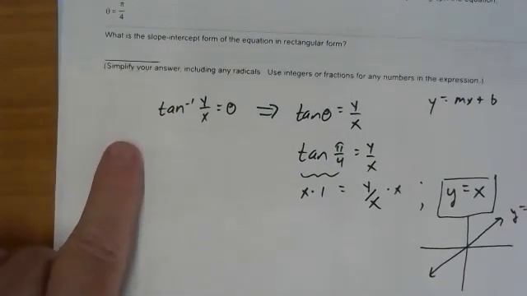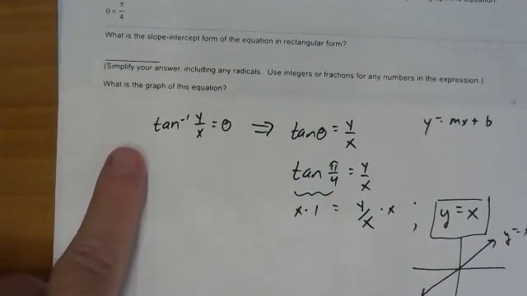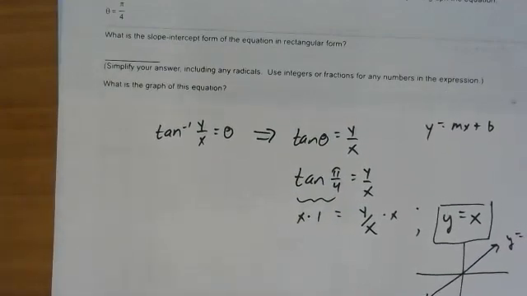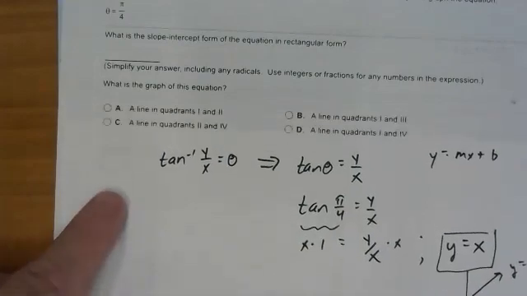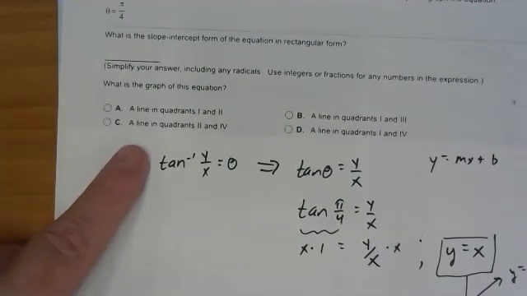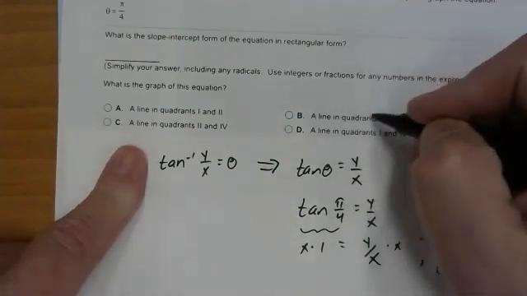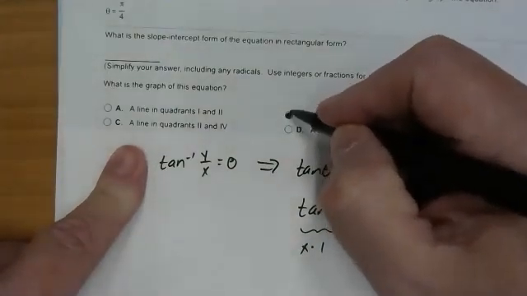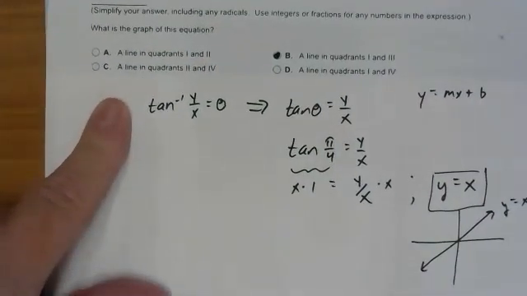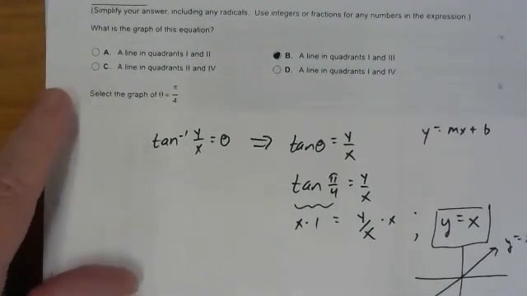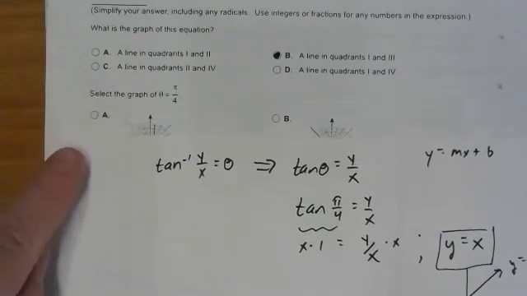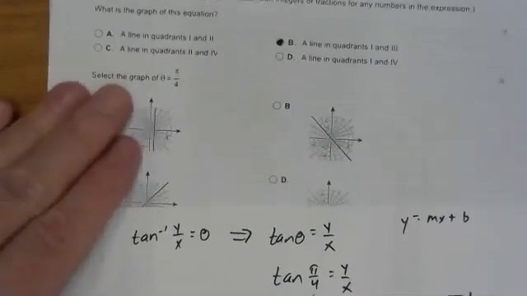Then they ask, what's the graph of this equation? We'll see how they describe it. A line in quadrants 1 and 2? Nope, this line is in quadrants 1 and 3. So it looks like a line in quadrants 1 and 3. And the graph is just what I've drawn.